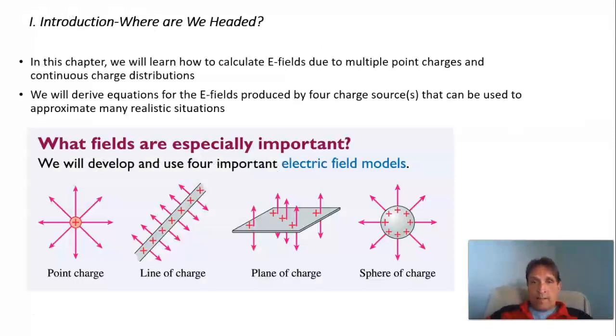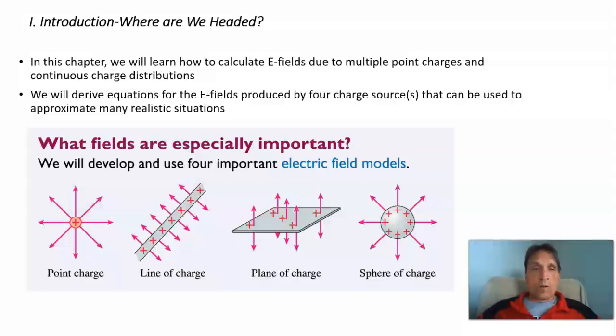So where are we heading in the chapter here? We talked about the fact that it's much more convenient to discuss interactions between charges in terms of electric fields rather than in terms of forces, especially in applications like chemistry, physics, and in engineering.